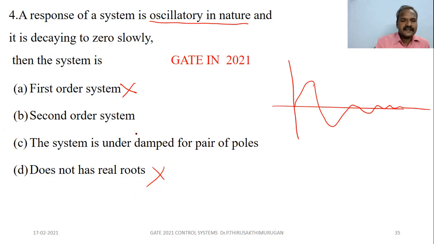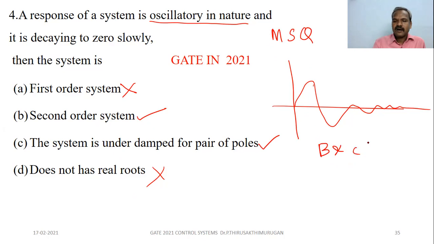So the system is a second order system. If you consider MSQ questions, answer C is correct, and answer B is also correct. As per MSQ, B and C are correct.